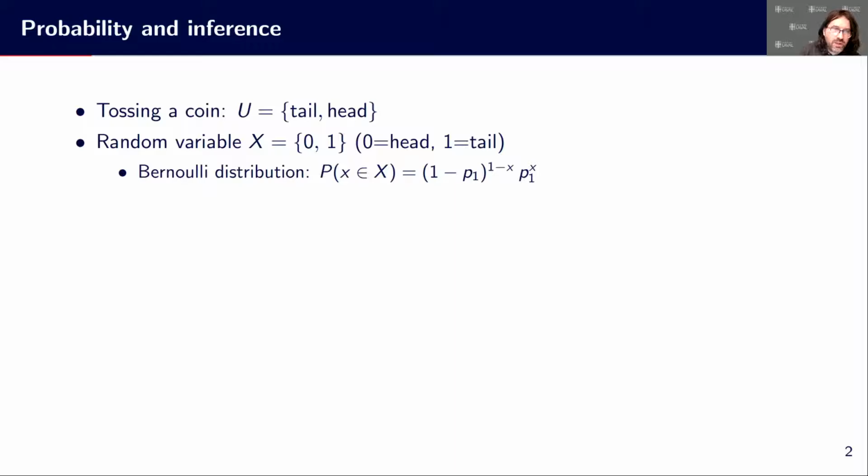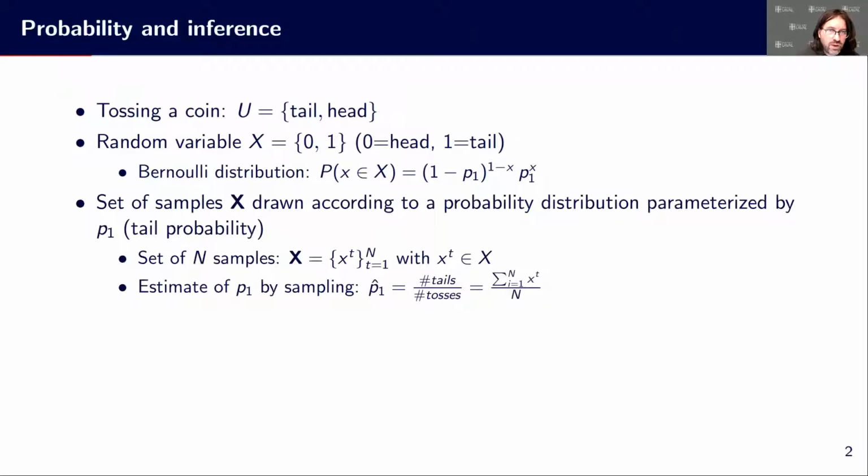P1 is the parameter of the Bernoulli distribution, which corresponds to the probability of getting a tail. So this is (1 minus P1) to the power 1 minus x, where x is the outcome that we care about, times P1 to the power x.